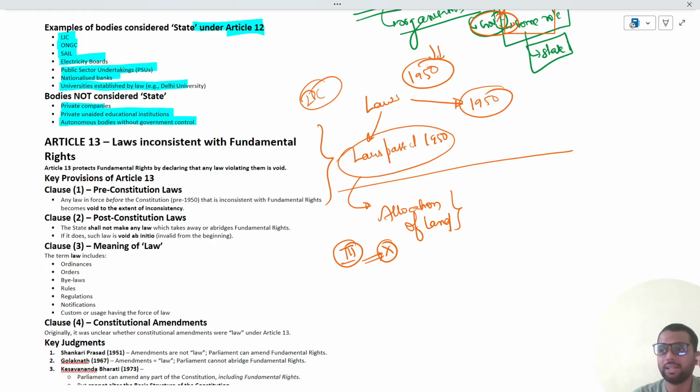And we have seen that a law cannot be made that is inconsistent with Part Third of the Indian Constitution. But this was a law passed before 1950. There was no constitution at that time, so it existed before 1950.